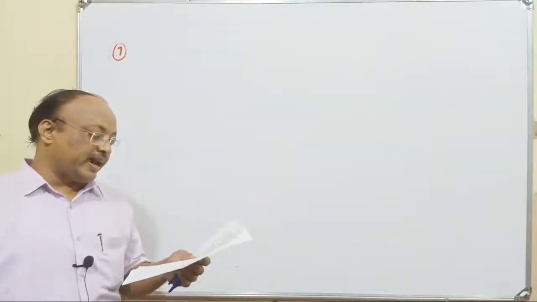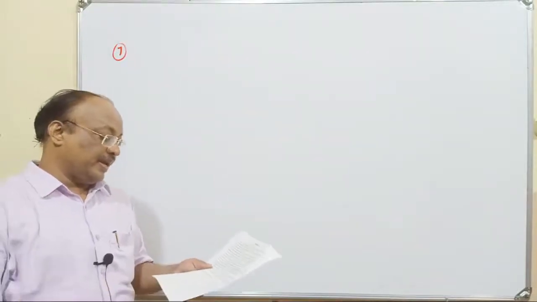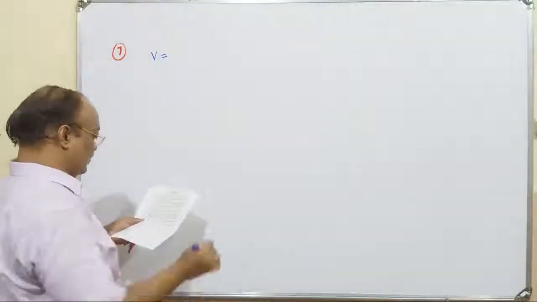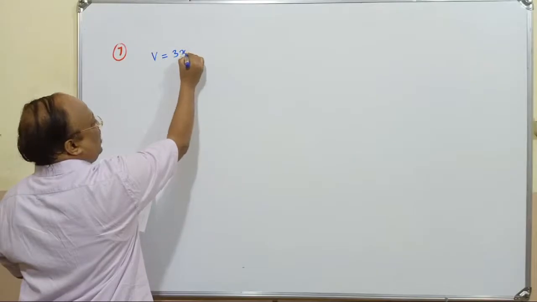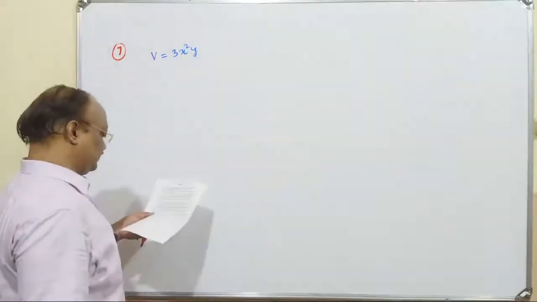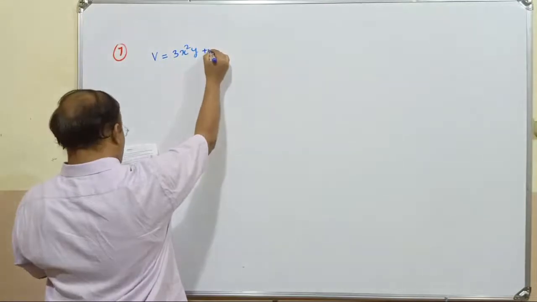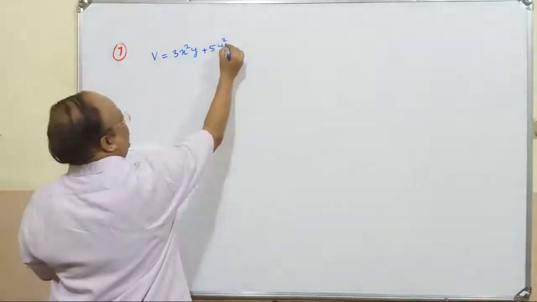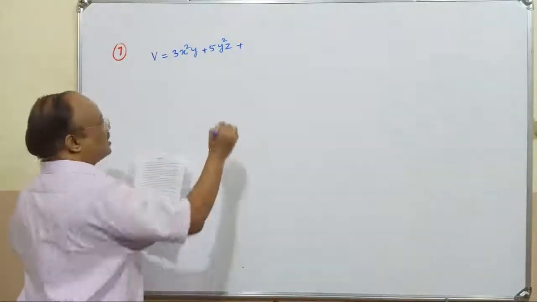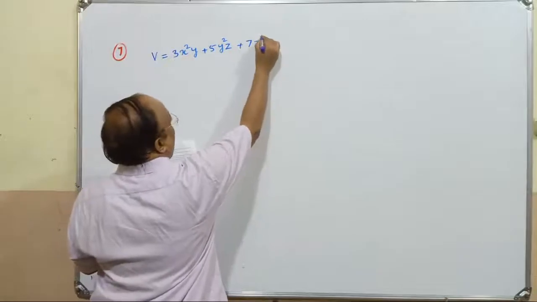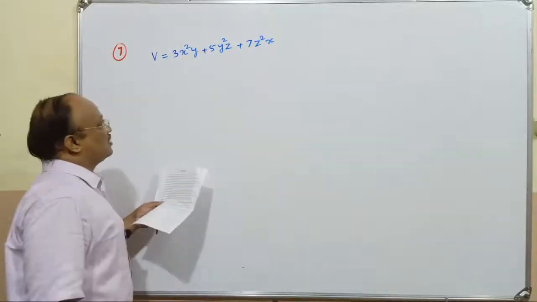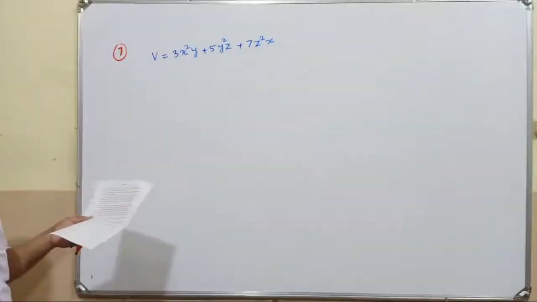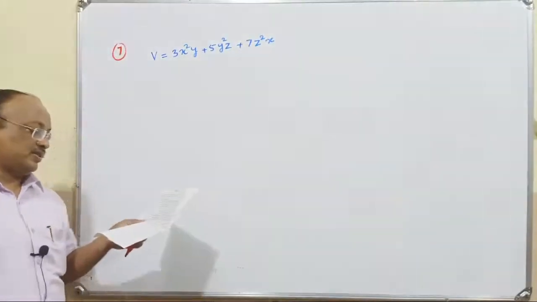The electric potential at a point is given by V is equal to 3x square y plus 5y square z plus 7z square x.